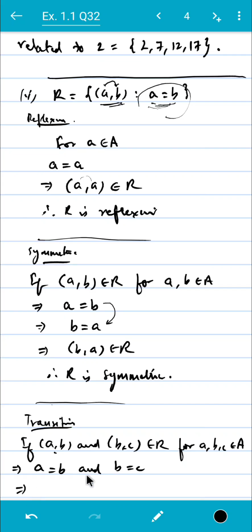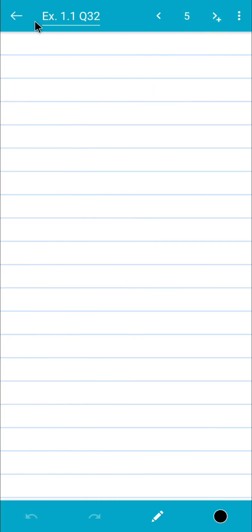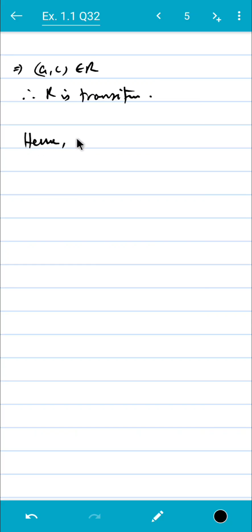So can I say from these two that a equals c? Yes, because a and c are both equal to b. So that means a is equal to c. And if a is equal to c, then according to the given relation, (a, c) belongs to R, and therefore R is transitive. And hence from all the three, hence R is an equivalence relation.